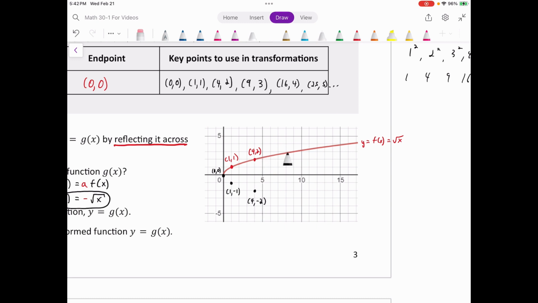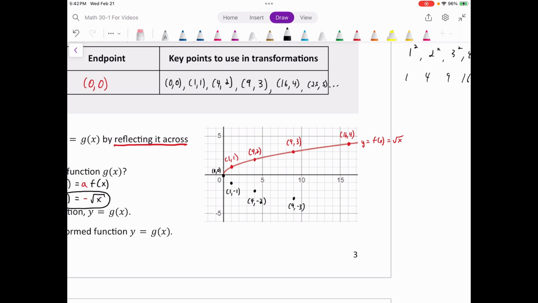Moving on here, you can probably guess what the next point I'm going to cherry pick is. How about 9, 3? Multiply that y by negative 1, we get 9, negative 3. What do you think I'm going to do next? Yeah, 16, 4. That's a good point.